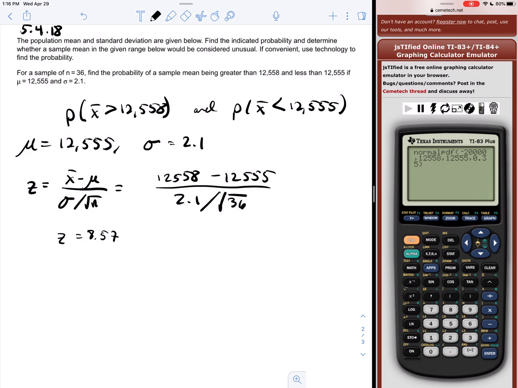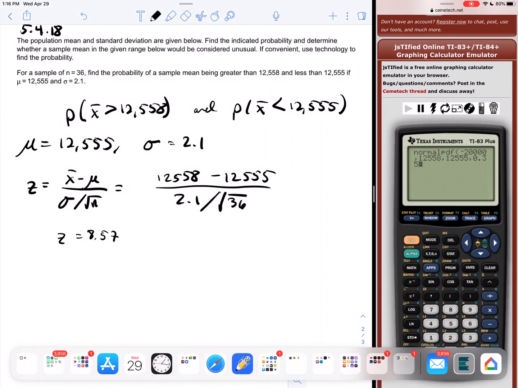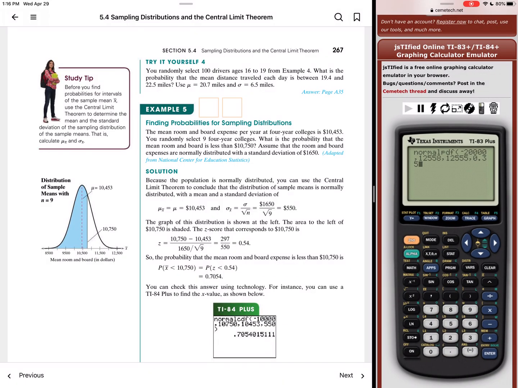Let me try this. I will match theirs. See if I can reproduce theirs, and then I'll get it to ours. 84 plus normal 10,000, 1, 2, 50. Right. Oh, CDF. Oh, we did PDF. Okay.